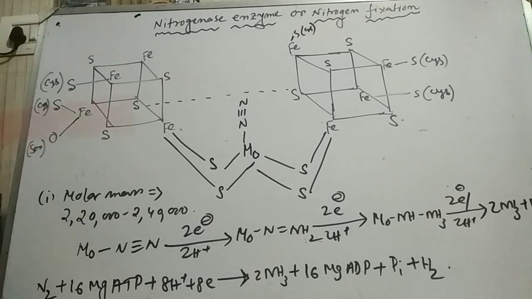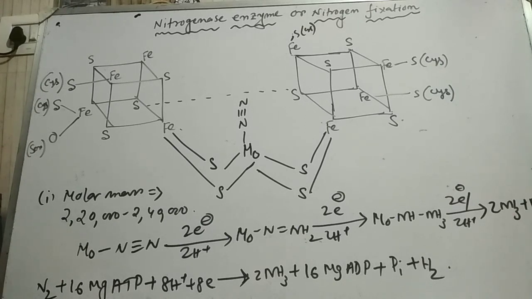The electrons required in the reduction of nitrogen are transferred by the reduced form of ferredoxin, an iron protein. The source of the electrons is the oxidation of pyruvate.